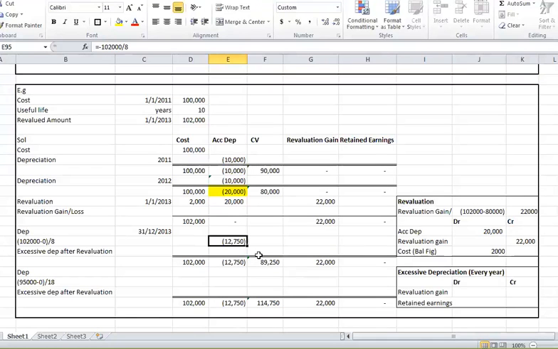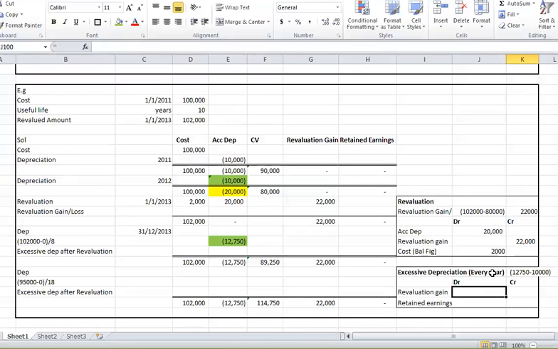Now we need to calculate excessive depreciation. Previously per annum depreciation was 10,000. Now per annum depreciation is 12,750. So what is excessive depreciation? 12,750 minus 10,000 pounds. This is excessive depreciation, meaning 2,750.